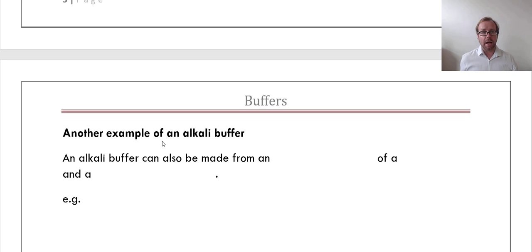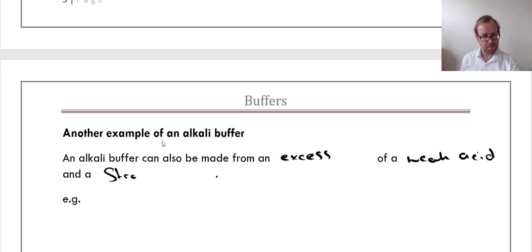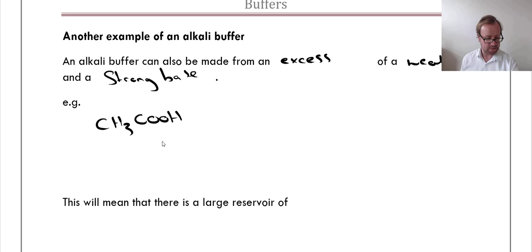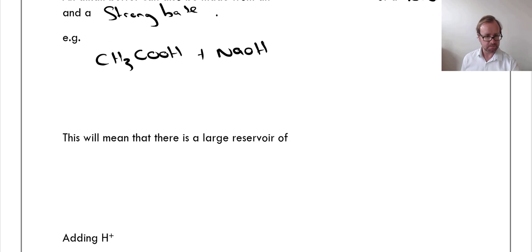So another example of an alkaline buffer. An alkaline buffer can also be made from an excess of a weak acid and a strong base, e.g. I can have my ethanoic acid, and our strong base will be sodium hydroxide.